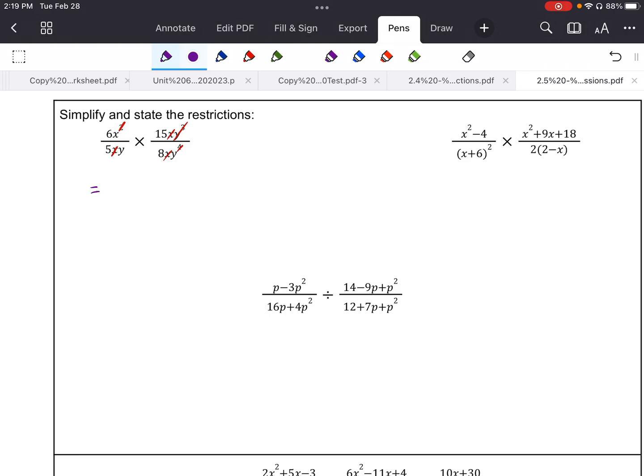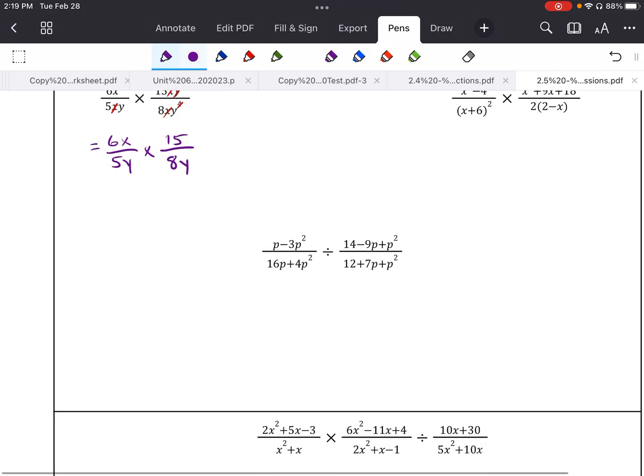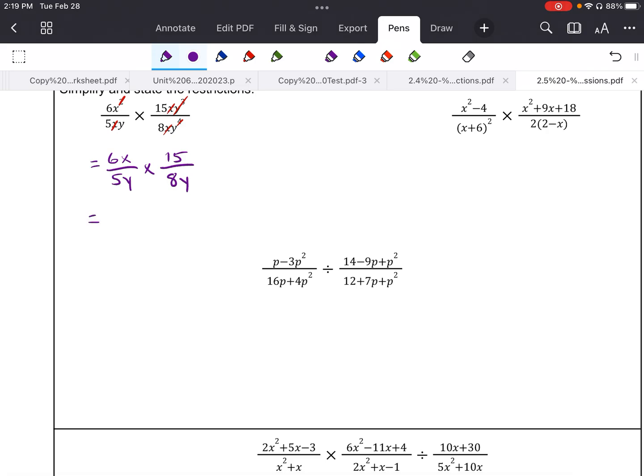So really we're working with 6x over 5y multiplied by 15 over 8y. Okay, multiplication, just multiply the numerator, 6x times 15 is 90x, 5y and 8y is 40y squared.